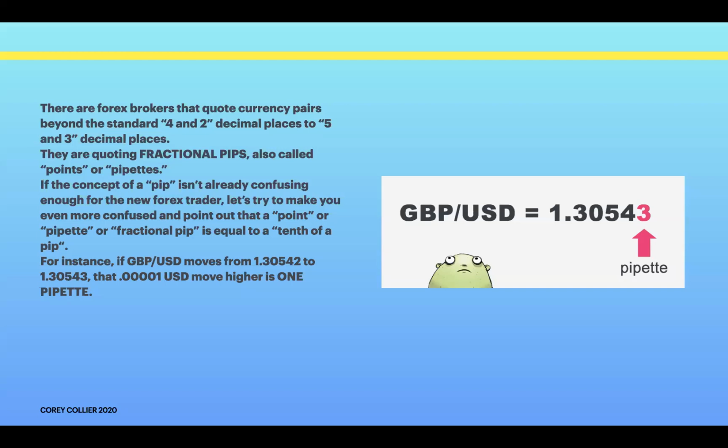So for instance, if British pound US dollar moves up from 1.30542 to 1.30543, that 0.00001 move is 1 pipette. In that picture to the right, in 1.30543, the 3 is the pipette. The 4 is a pip.